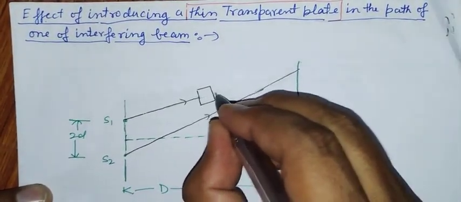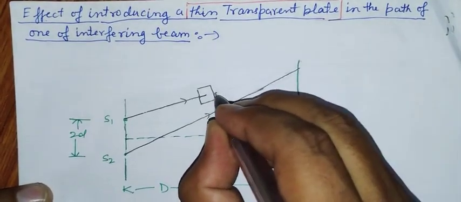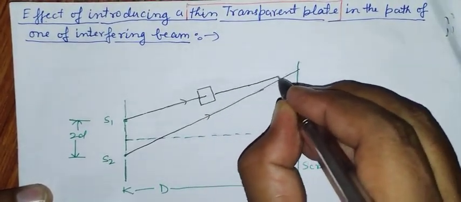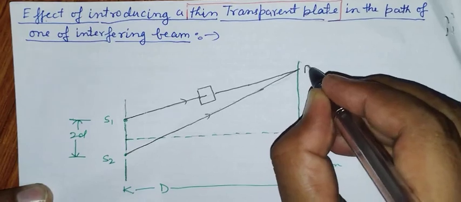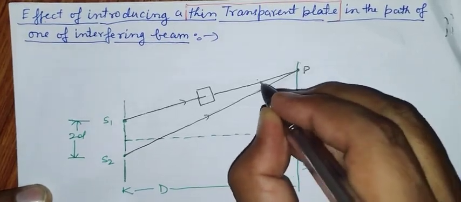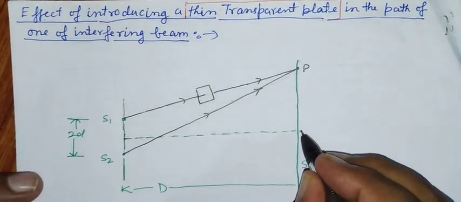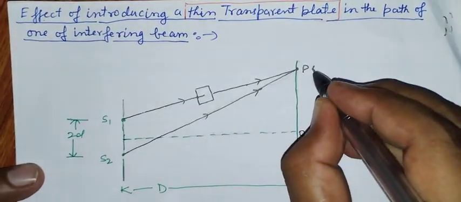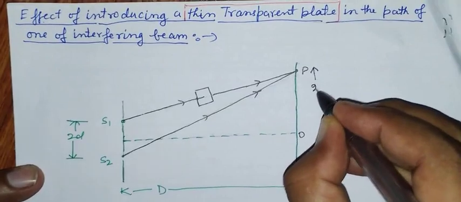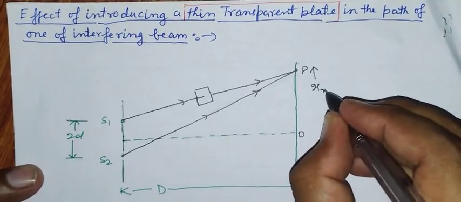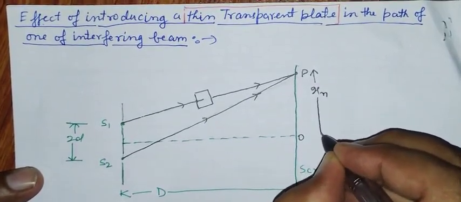After crossing it, the rays of light meet at point P and the phenomenon of interference takes place. Let this point be O. So the distance from here is represented as xn.